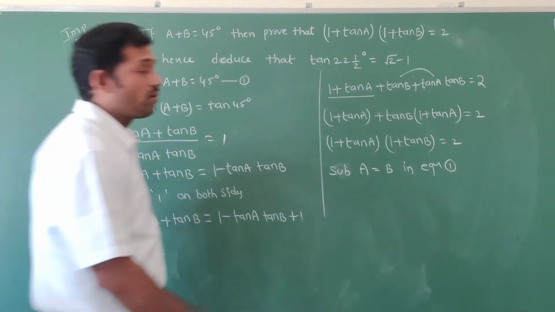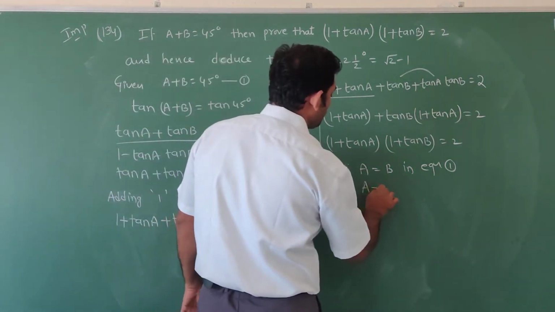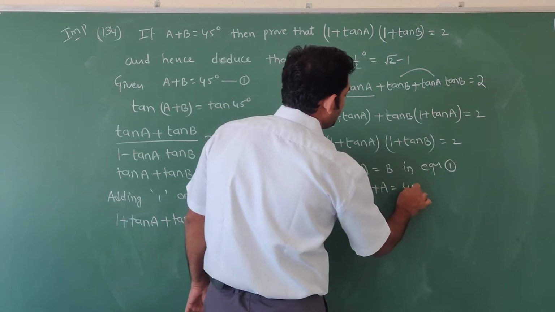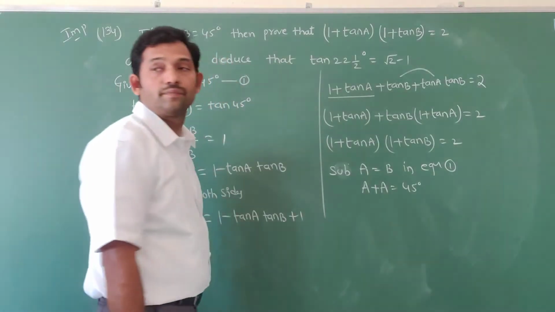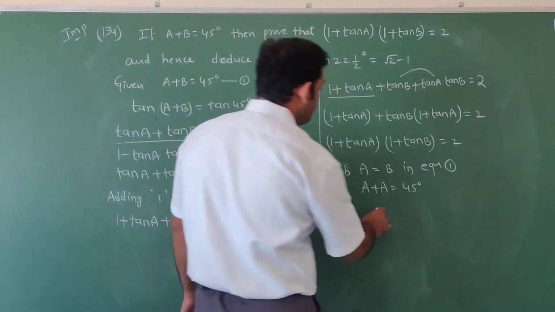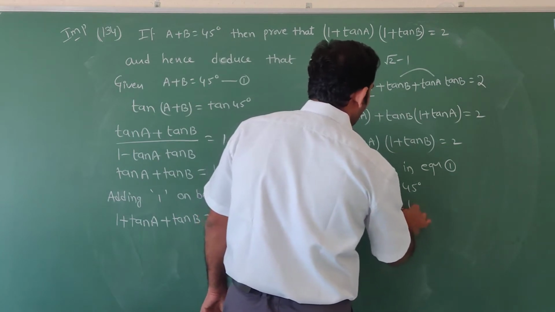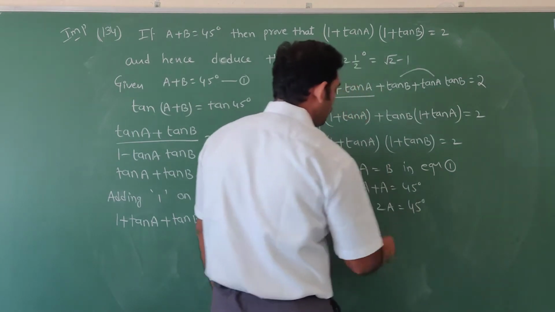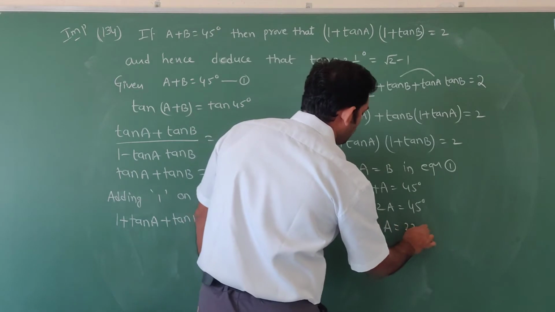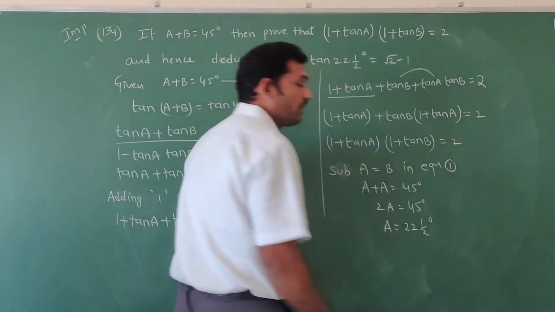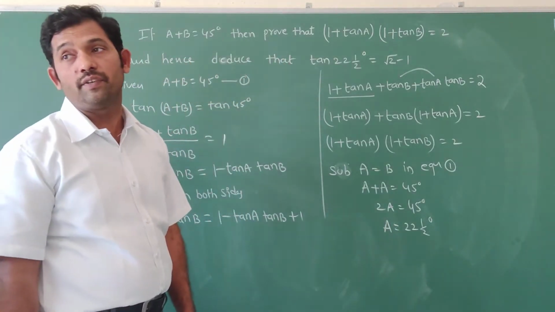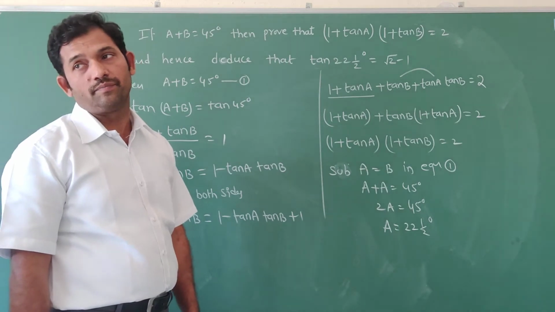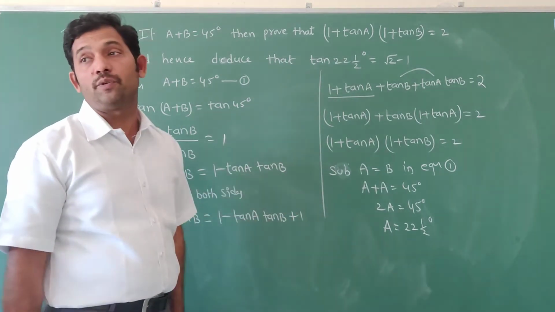A plus A is equal to 45, so 2A is equal to 45 degrees. So A is equal to 22.5 degrees. Okay, now the A value is 22.5 degrees.